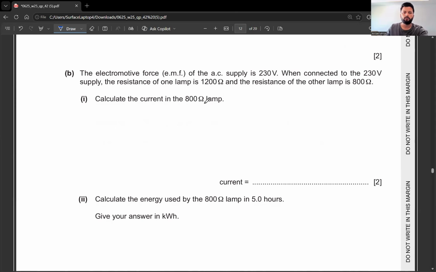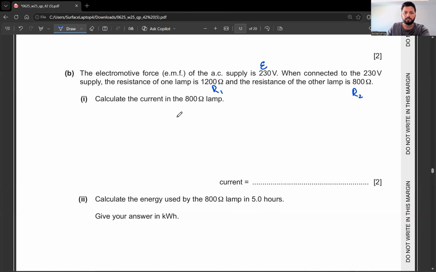The electromotive force of the AC supply is 230 volt. So this is EMF. When connected to the 230 volt supply, the resistance of the lamp is 1200 ohms. This is resistance of the lamp. Other lamp is 800. So this is R1 and this is R2.